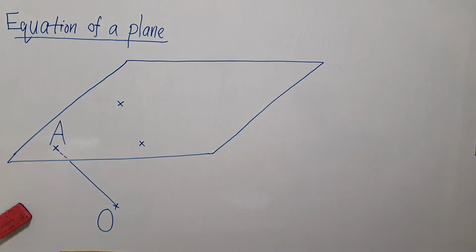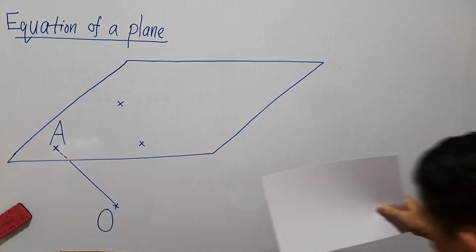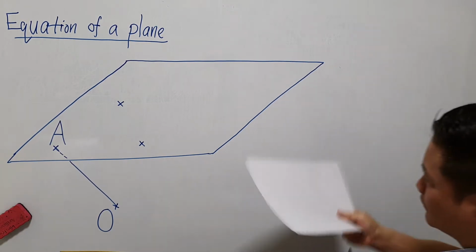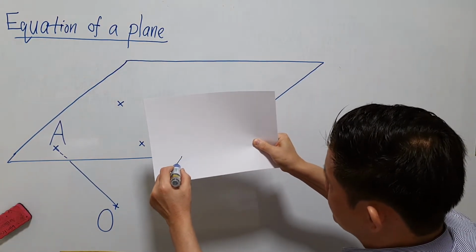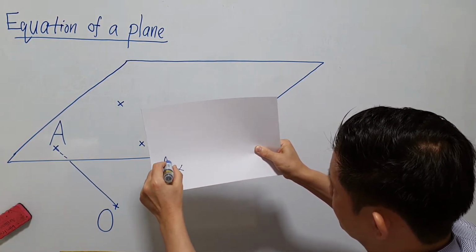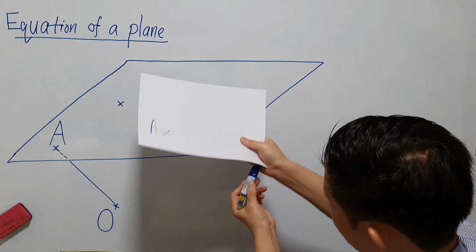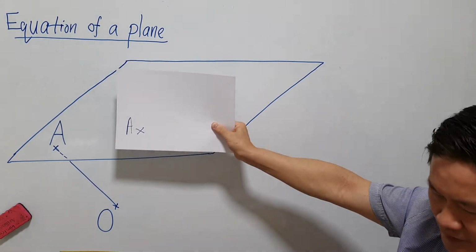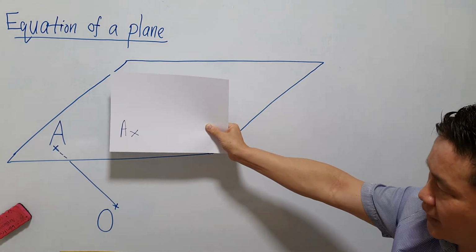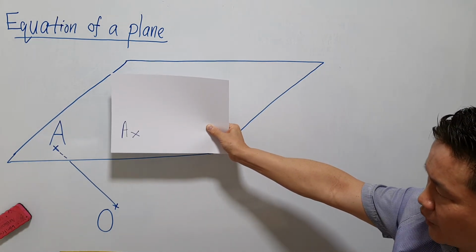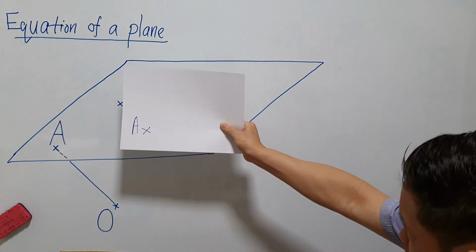Now, when I say the position vector OA, I mean this. On this plane, the point A maybe sits here. When I say the position vector of the point A, you have to imagine it correctly.